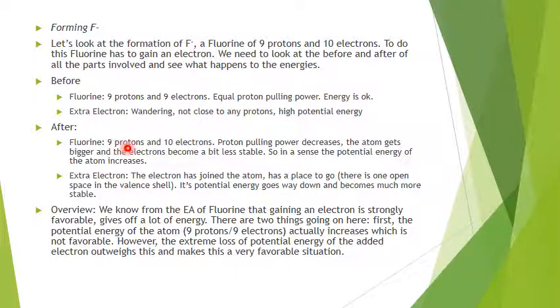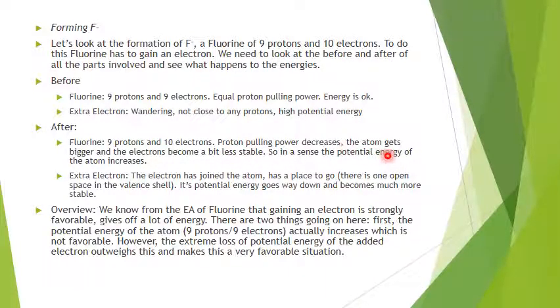After that electron joins the atom, what happens is the atom gets bigger. Okay, the number of protons has decreased compared to the number of electrons. Now there's 9 protons per 10 electrons. And the atom gets bigger. And the original 9 electrons actually become a little less stable because now they're further away.